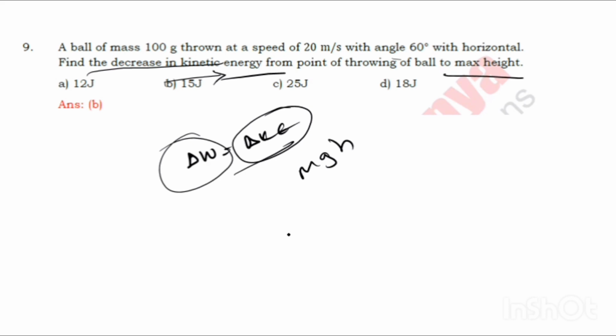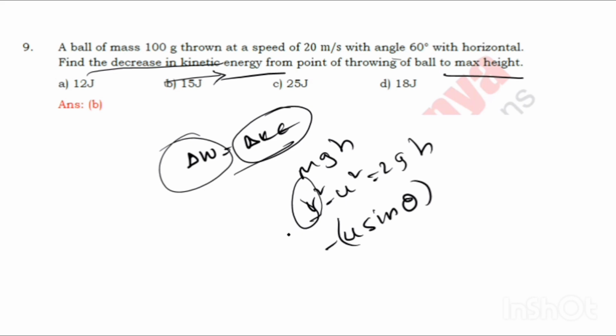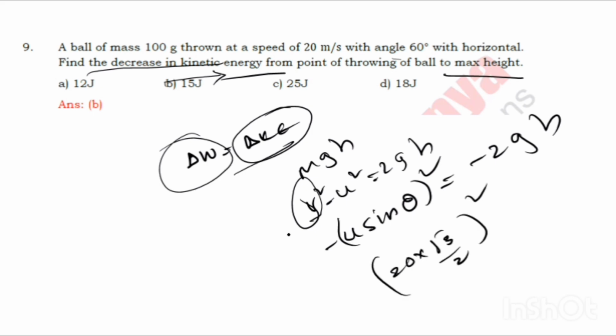Now we know v square minus u square equal to minus 2gh. So here v is 0, u is u sin theta, that is vertical. Here u is 20 into sin 60, root 3 by 2, whole square is equal to 2gh, right?